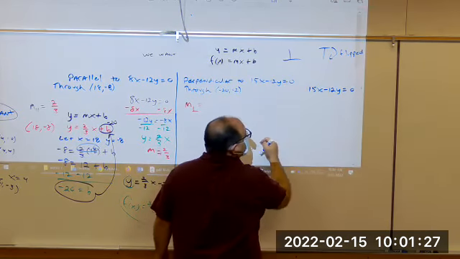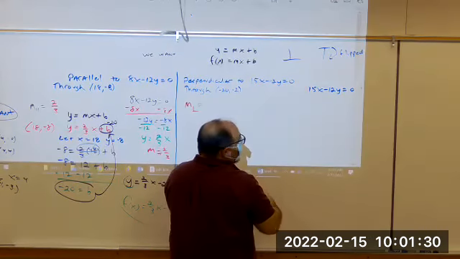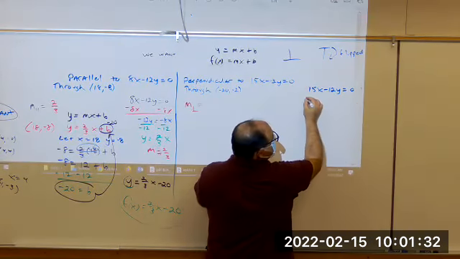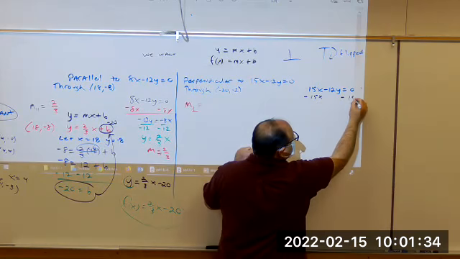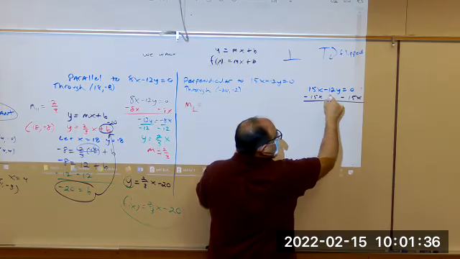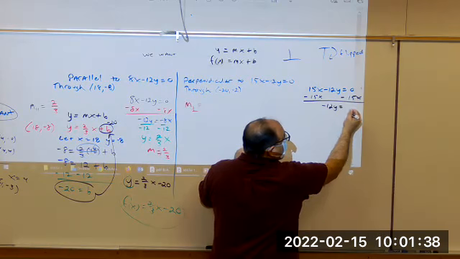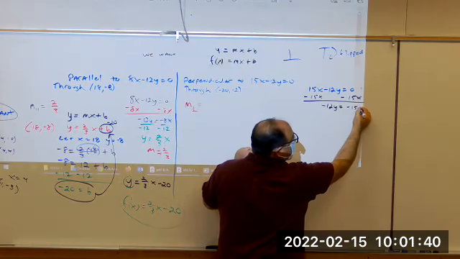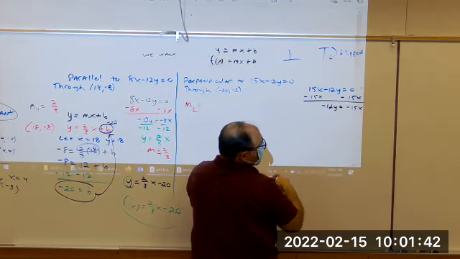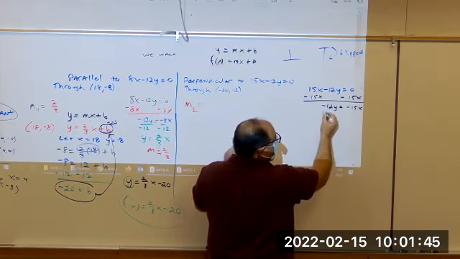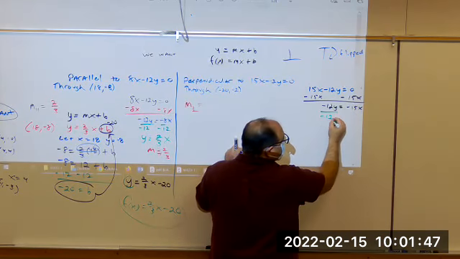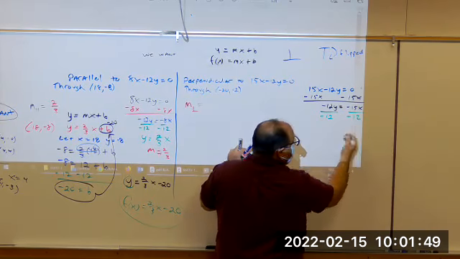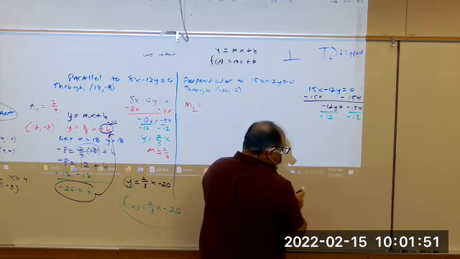So opposite and reciprocal. We want to get y by itself. Subtract 15x. You have a negative 12y. On this side, you have a negative 15x. And then you divide by negative 12. And again, simplify.